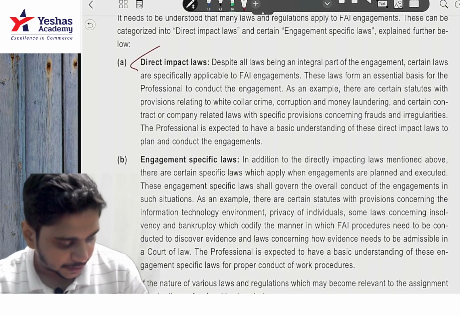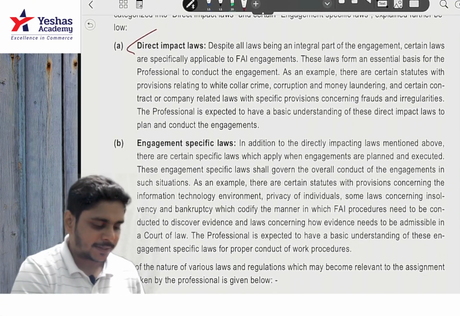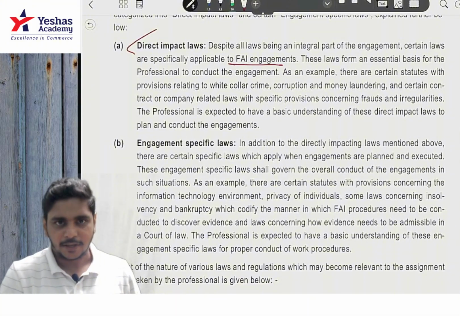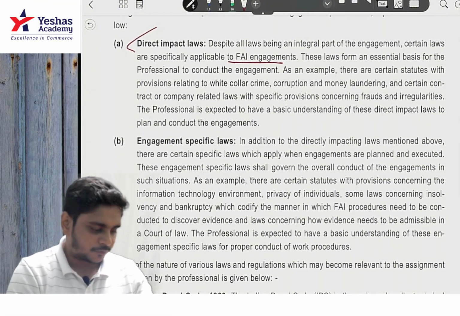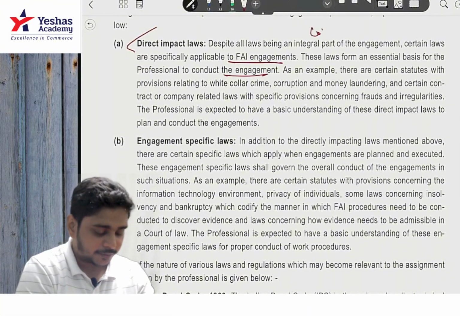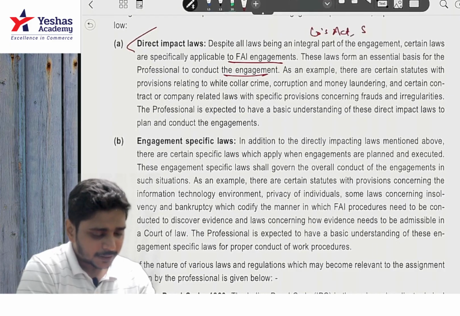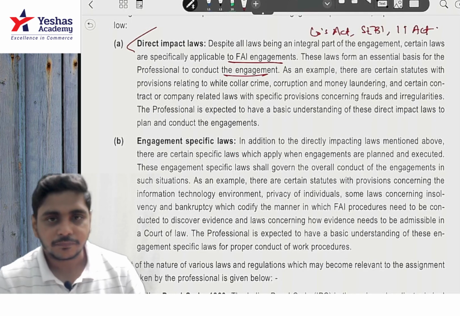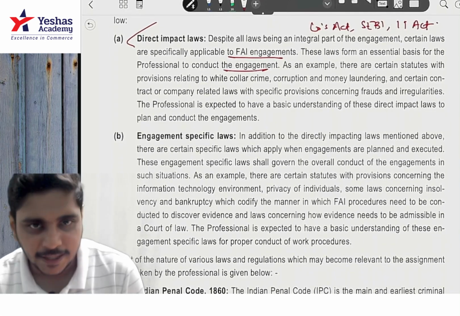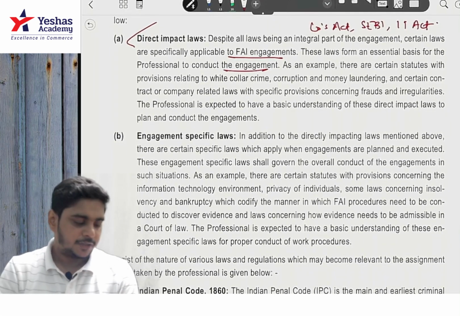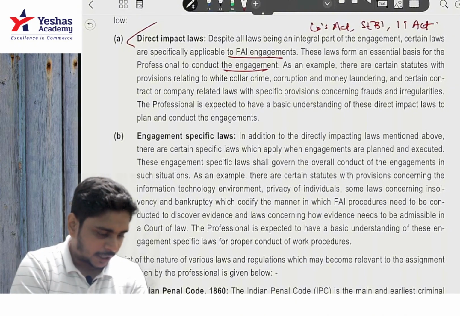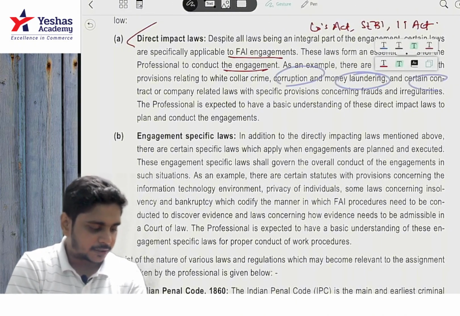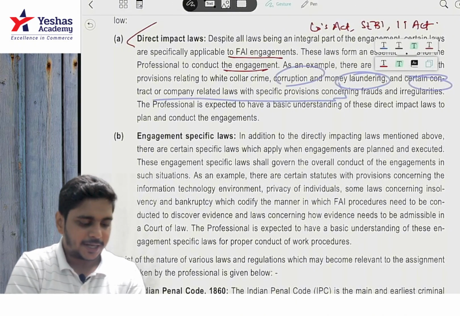Despite all laws being an integral part of the engagement, certain laws are specifically applicable to FI engagement. These form an essential basis for the professional to conduct the engagement. So you can write here Companies Act, SEBI, Income Tax Act. As an example, there are certain statutes with the provision relating to white collar crime, corruption, money laundering, certain contract or company related laws, and specific provision concerning frauds and irregularities.